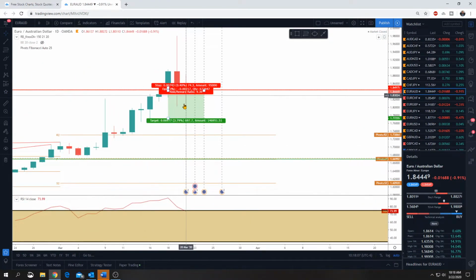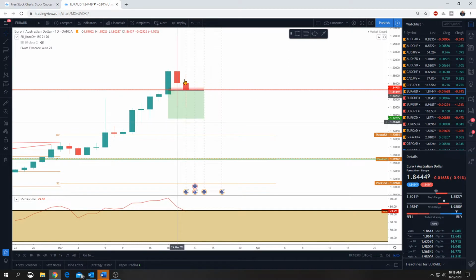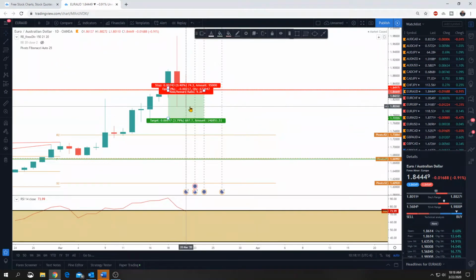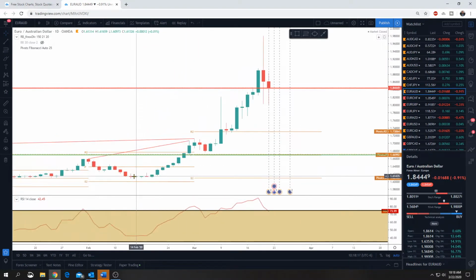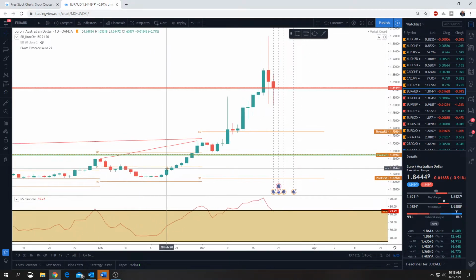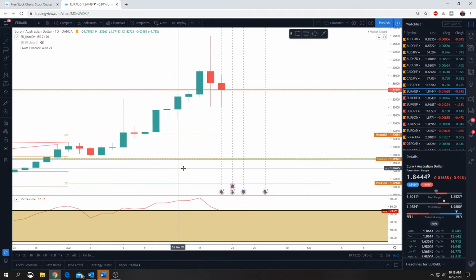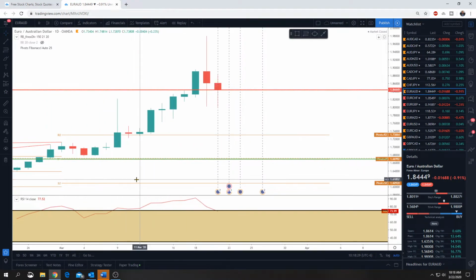All right, Euro AUD. So you can see this trade I took last week, got a little profit out of it. However, I want to be clear with you guys. I am market flat right now. I decided to get out of all my swing trades. I took a little bit of a hit, and with these unprecedented times, I am going to switch my strategies up a little bit.